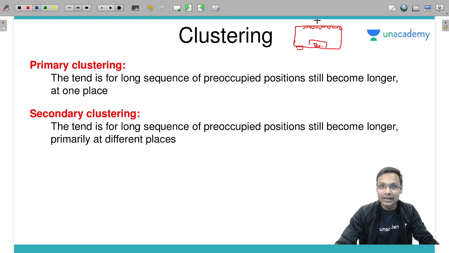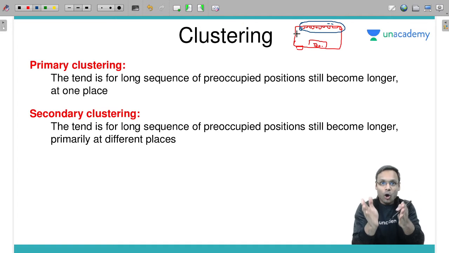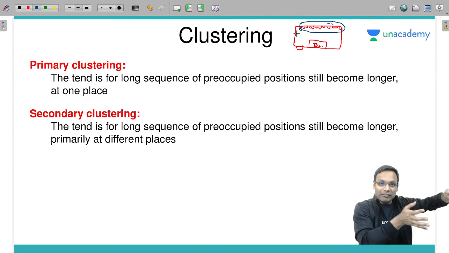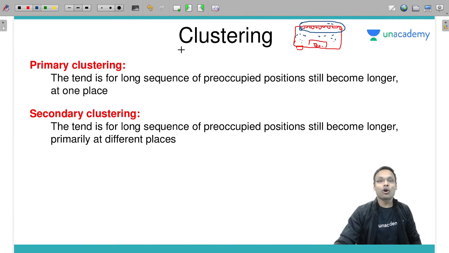Means already preoccupied positions we have here, but a new person is trying to be near that particular preoccupied position only. That is called clustering. So if all the keys which I am inserting in the hash table are being inserted around previously preoccupied positions and the remaining places are all free, then that is called clustering.